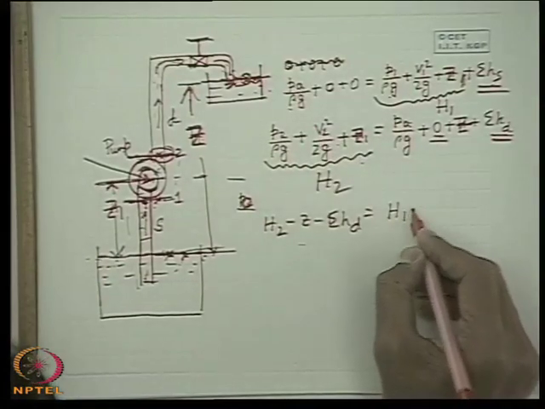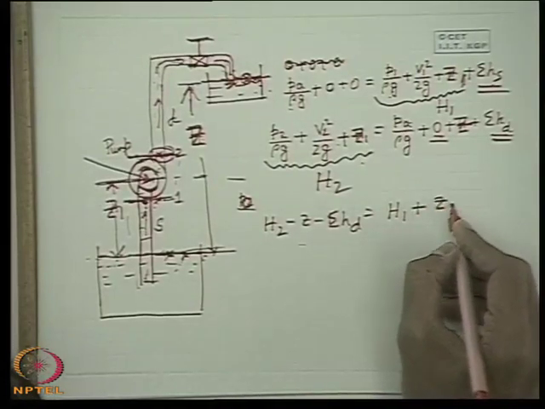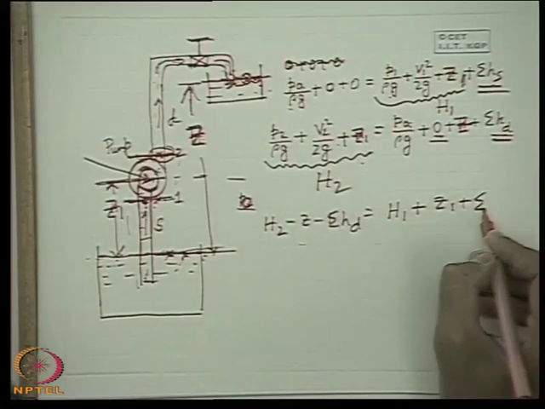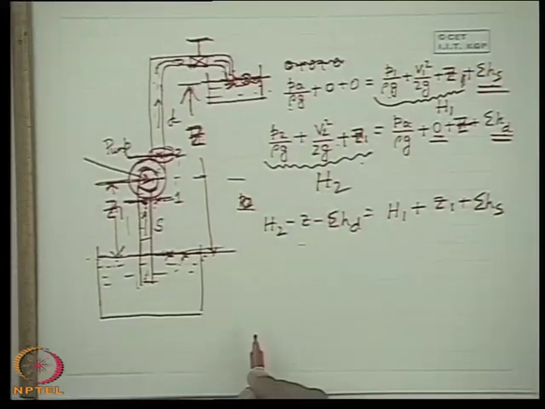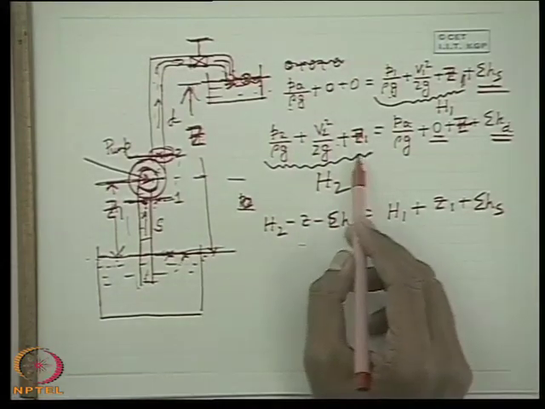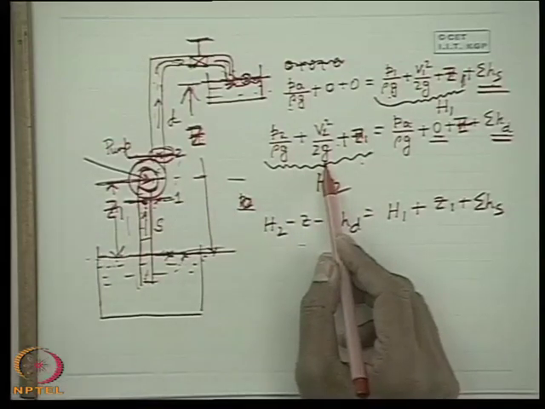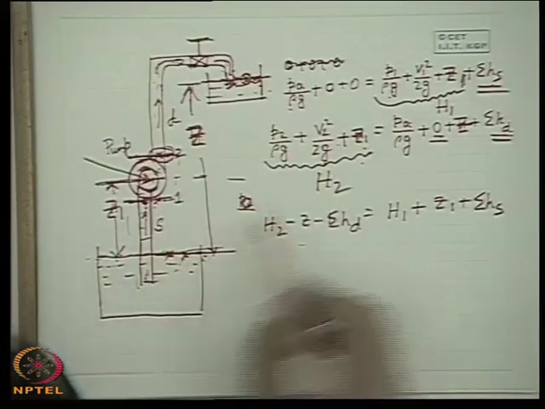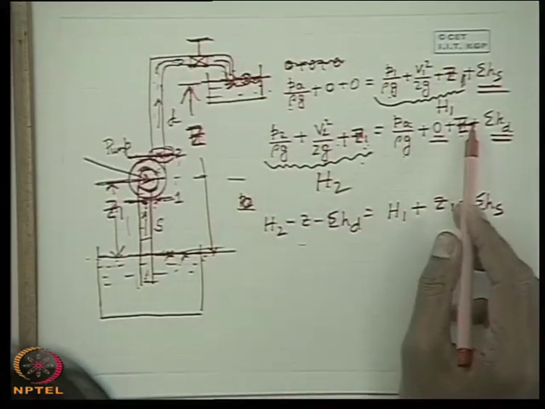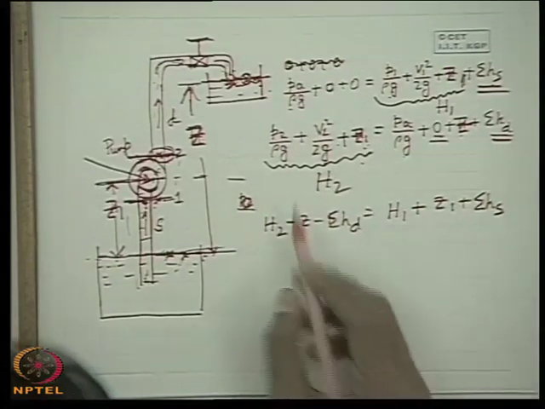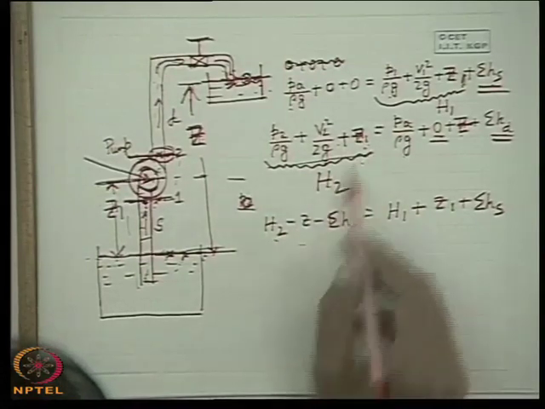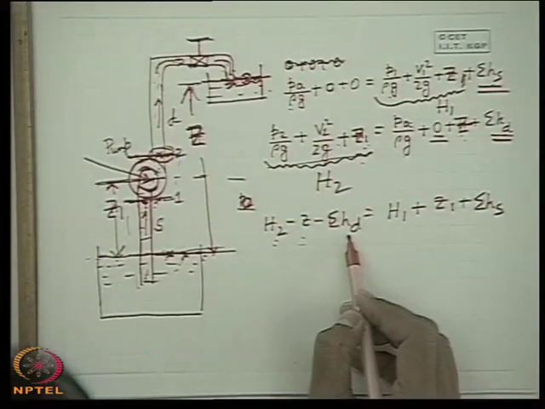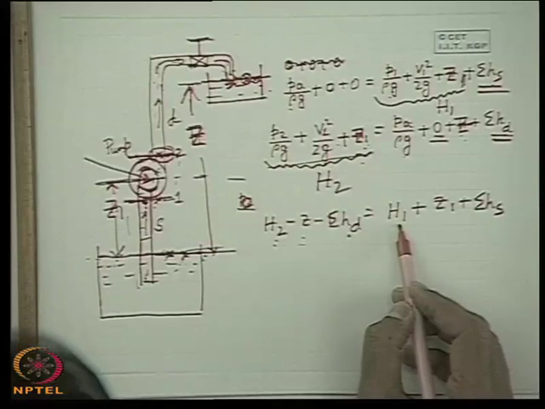That means P2 by rho g plus V2 square by 2g plus Z1, where Z1 is included in H2, so H2 minus Z minus sigma HD, this is alright, is equal to H1 plus sigma HS.